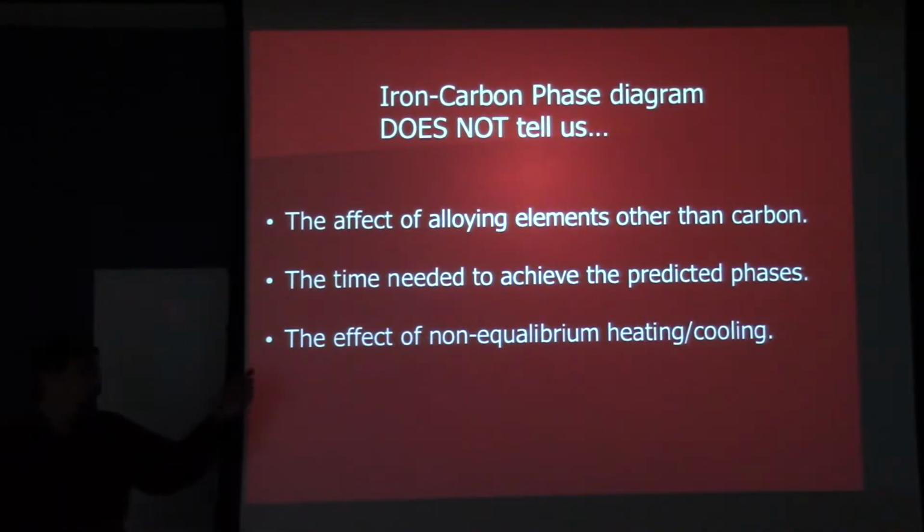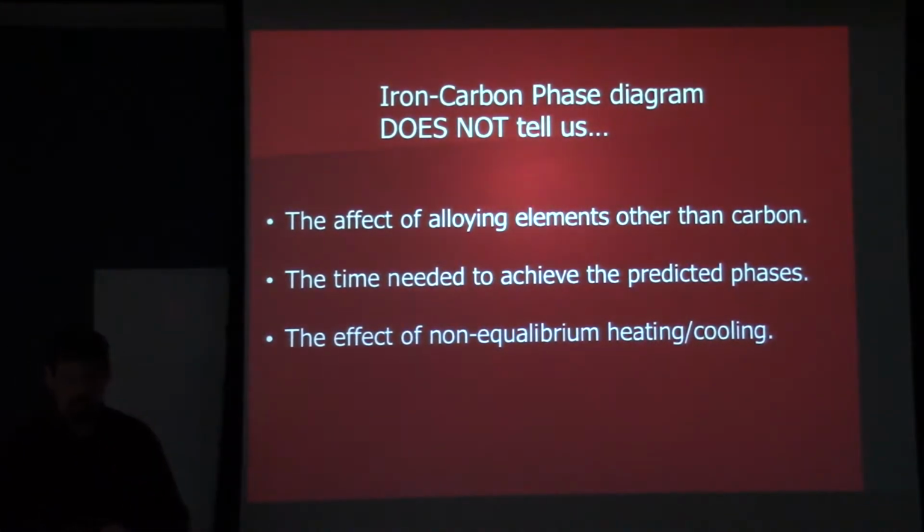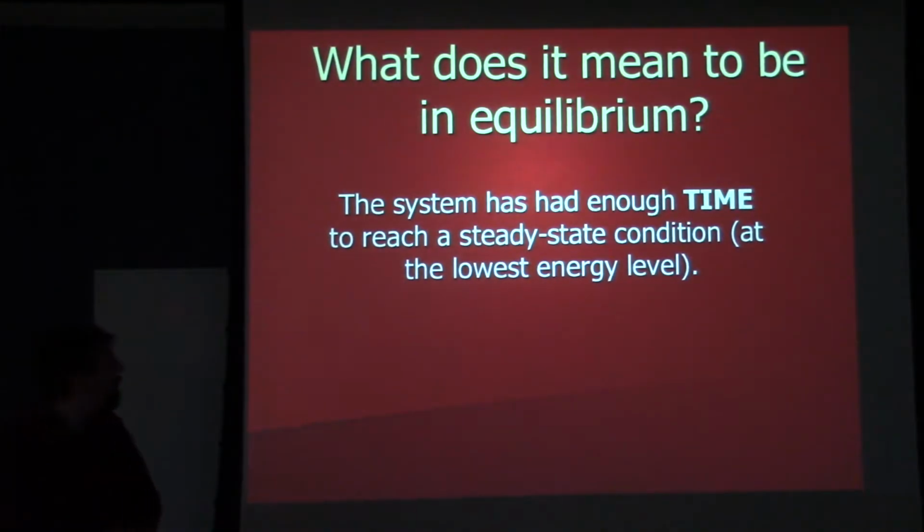And this is quite important because this is usually what you have rather than the equilibrium conditions. So how are we going to overcome that? Equilibrium, I said, takes a long time, but really what it means is it has enough time to reach a steady state condition, or if you want to think about it from a thermodynamic standpoint, you have the lowest energy state.